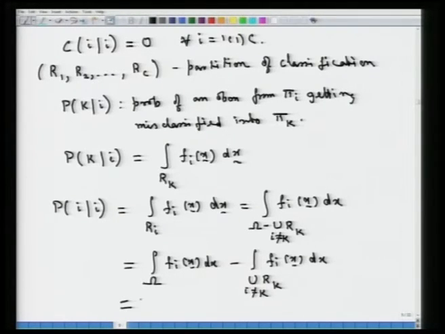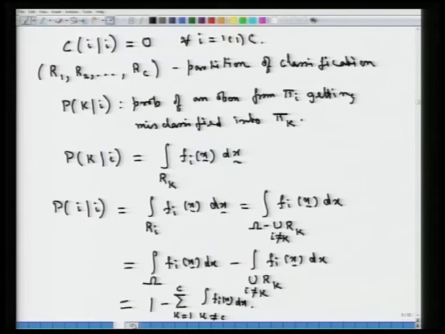So, the first term is equal to 1, and the second term is the summation over k equal to 1 up to c with k not equal to i, because we have taken out that R_i region, of the integrals of f_i(x) dx. So, these are the quantities which would be required to define the expected cost of misclassification.